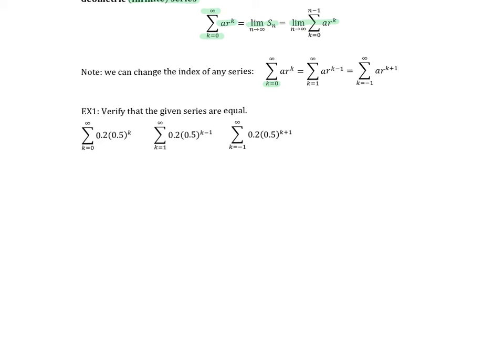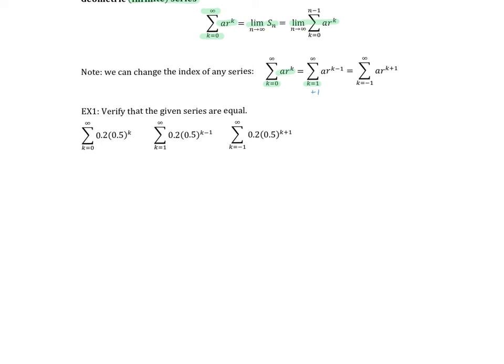So this is the series we're looking at. We started at k equal to 0, and our expression is a times r to the k. Let's say that I want to start with k equal to 1. From my original series, all I did was add 1 to my k value.